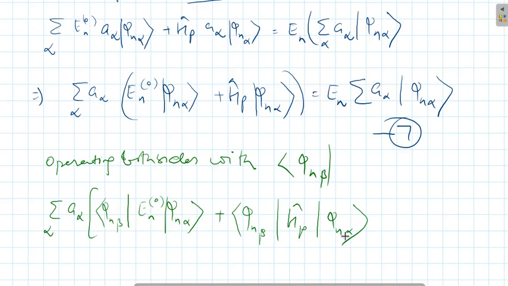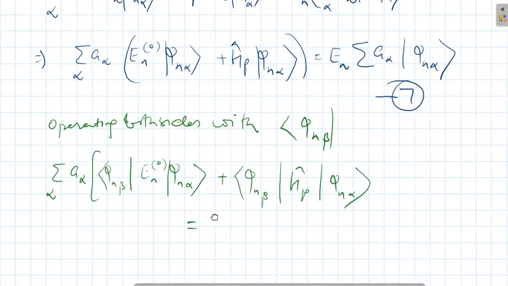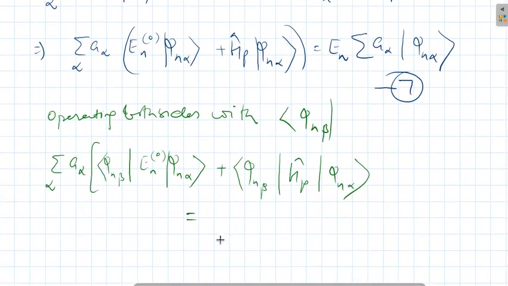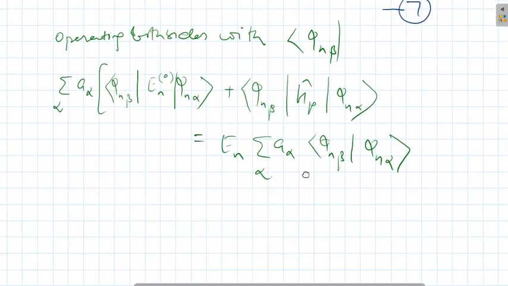And similarly, on the other side, it can be written as En, summation over alpha, A alpha, phi n beta phi n alpha, right? That's what will happen.